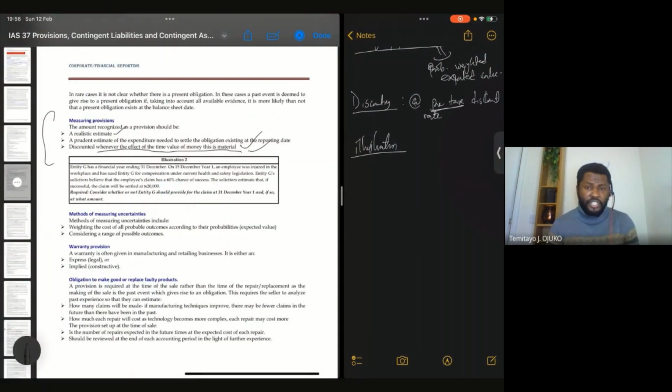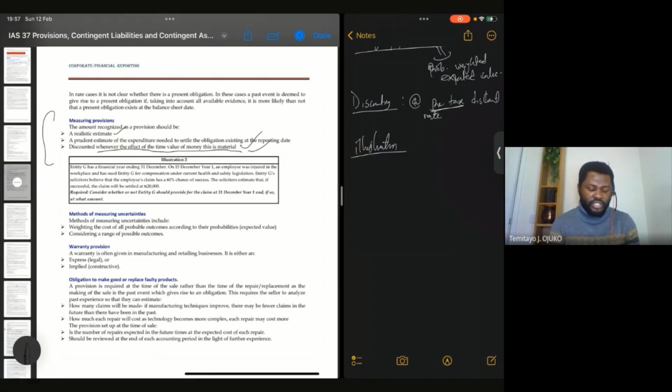Okay, now illustration 2. What is this illustration 2? Entity G has a financial year ending 31 December. On 15 December year 1, an employee was injured in the workplace and has sued Entity G for compensation under current health and safety legislation.